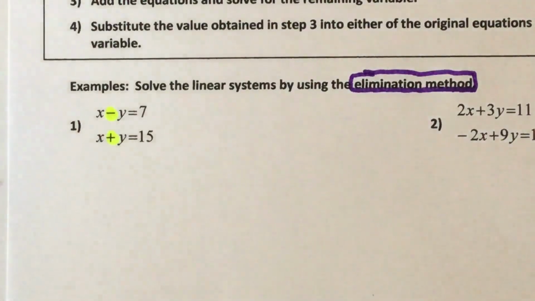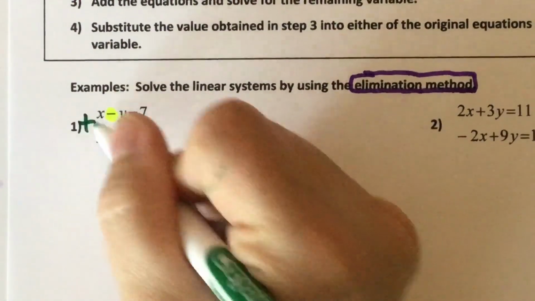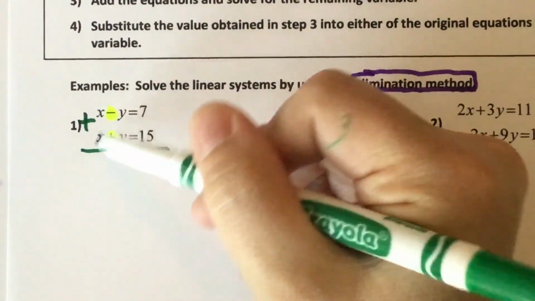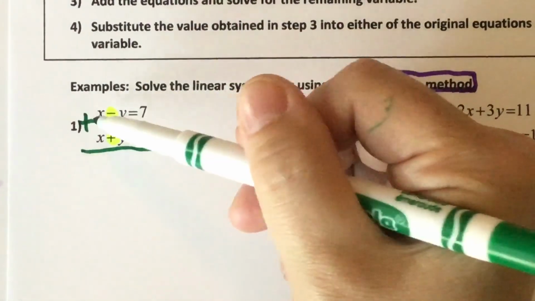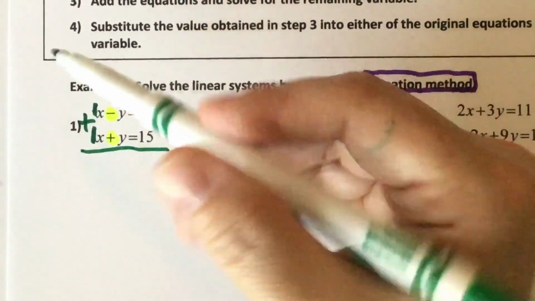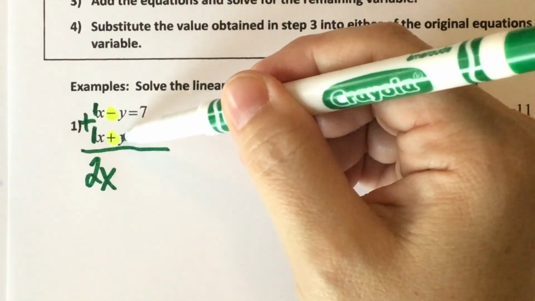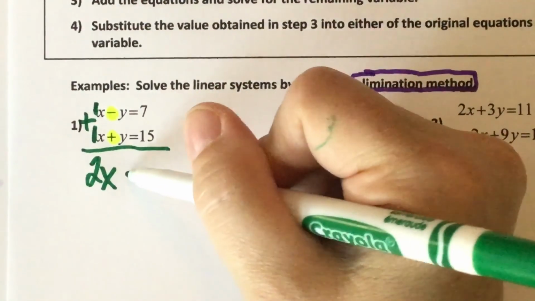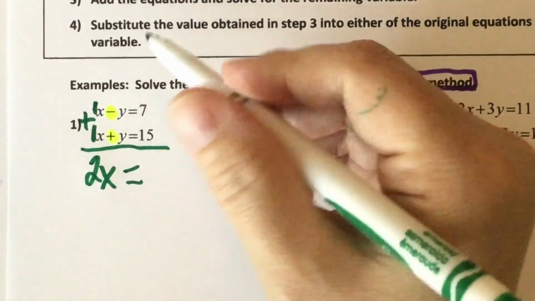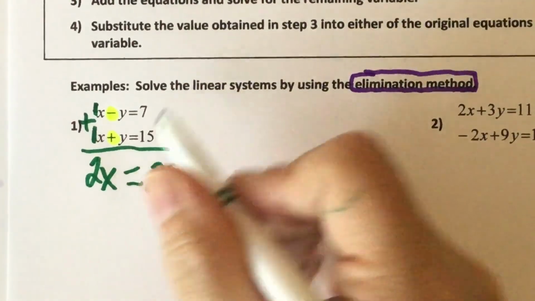This is elimination ready. -1, +1. So you put your plus sign and you add. So remember, there's 1's in front of these that you don't see. So 1x plus 1x makes 2x. -y plus y makes 0. Shoop, eliminated. And 7 plus 15 makes 22. And then you divide both sides by 2.